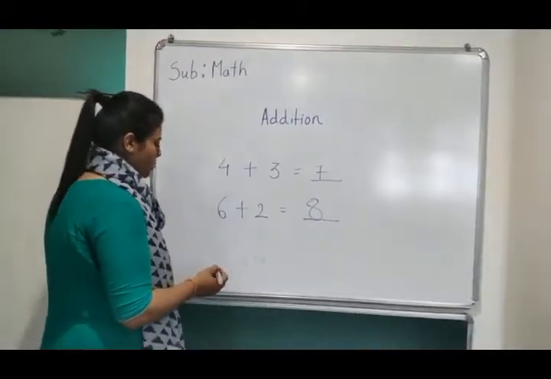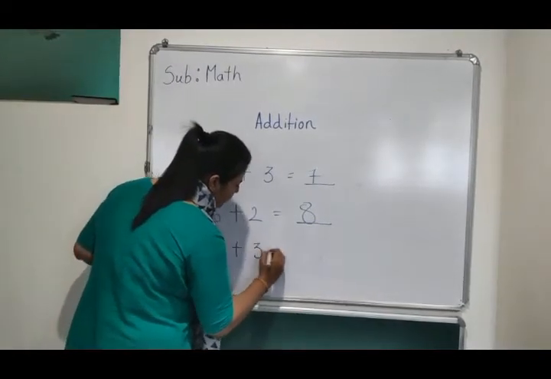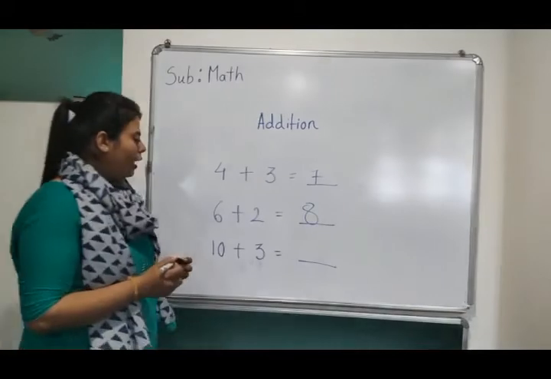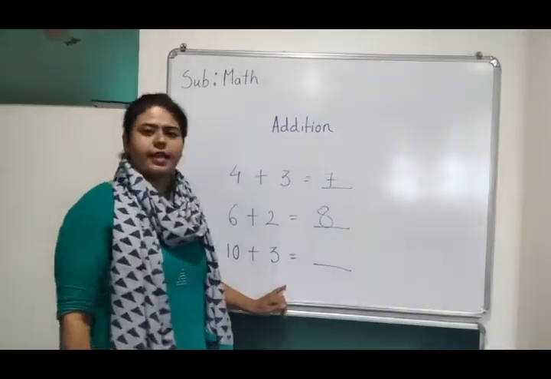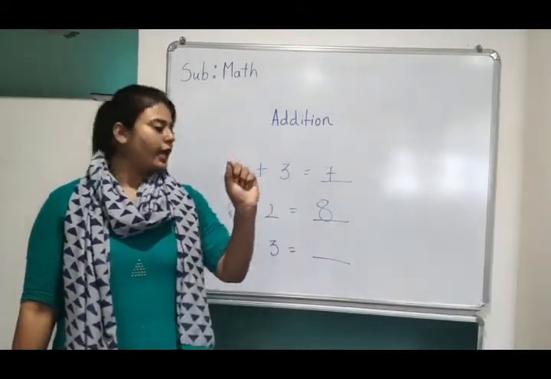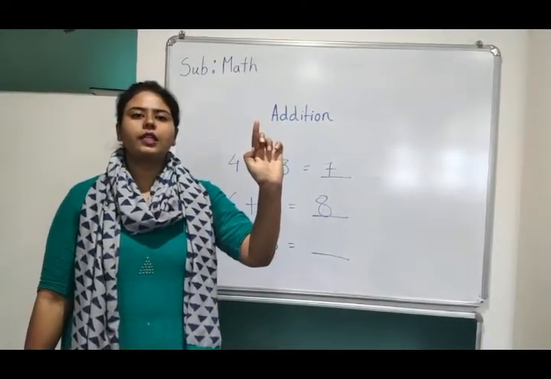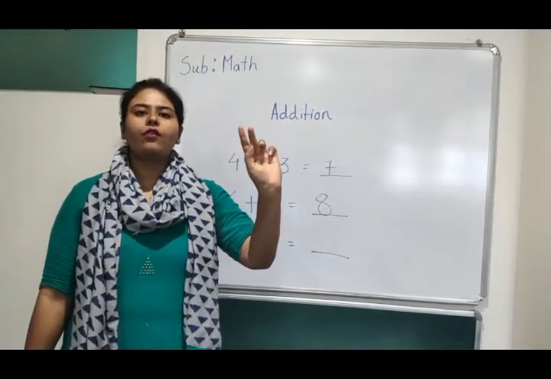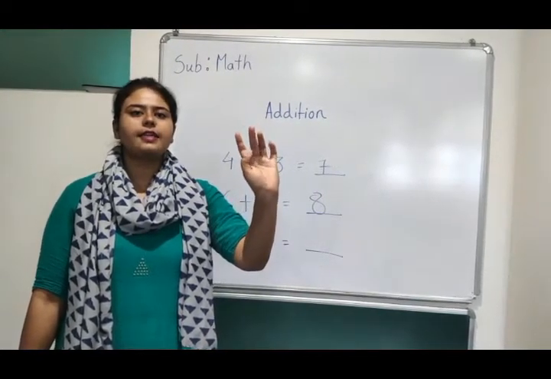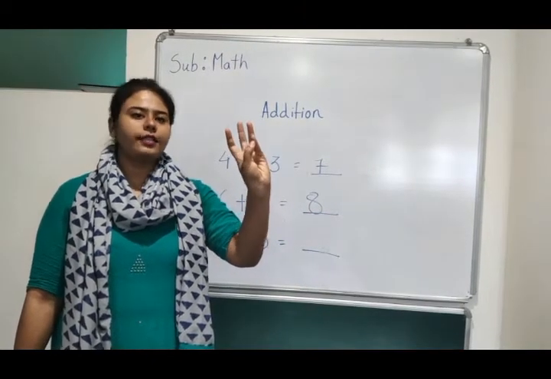Now next, there is a 10 plus 3. So I have only 10 fingers, right? So I cannot add more than 3. Then I can count this way also. 1, 2, 3, 4, 5, 6, 7, 8, 9, 10.